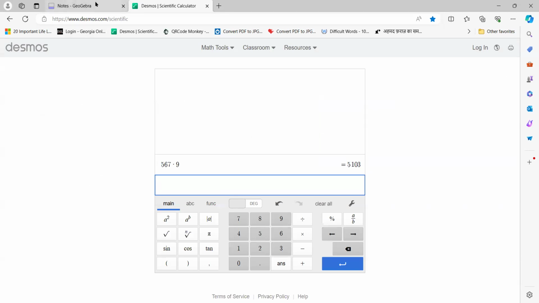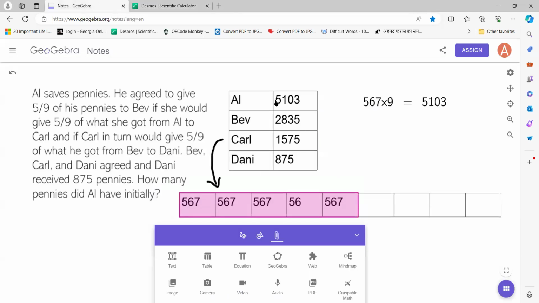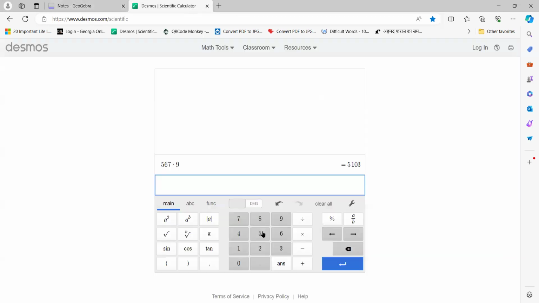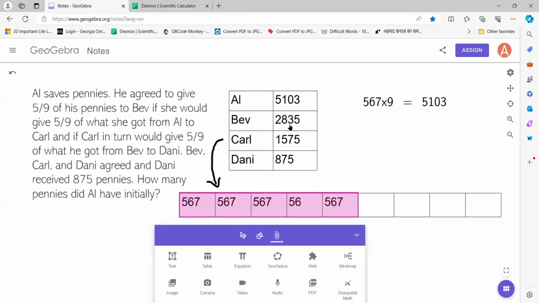I'm going to go back and forth if you don't mind. 5,103 times 5/9 is 2,835. So far, so good.